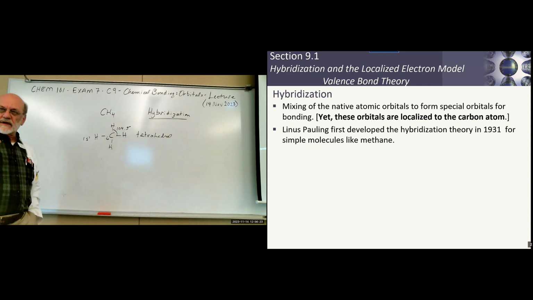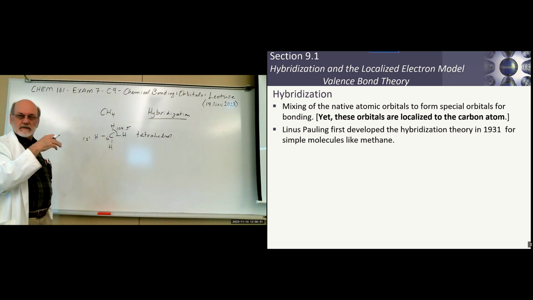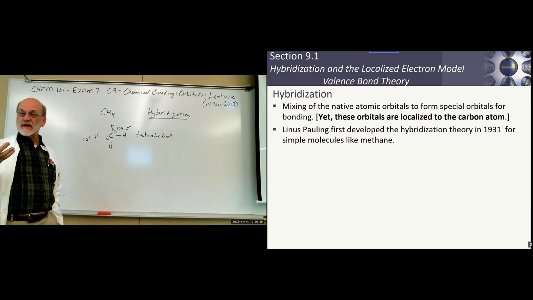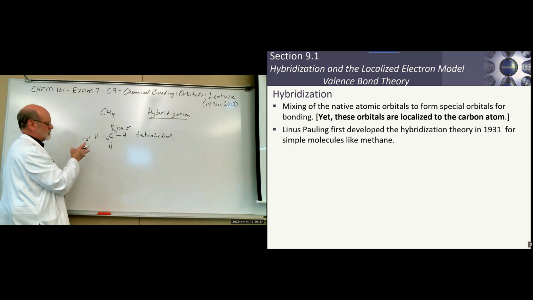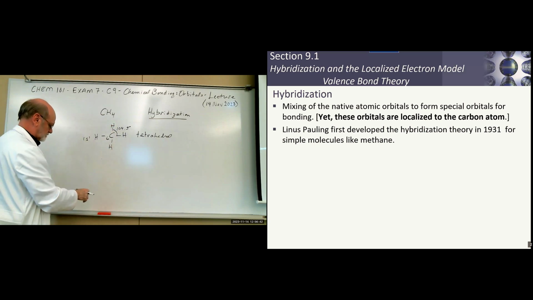It still works within the valence bond theory and the localized electron model, using atomic orbitals to produce a new set of orbitals that will produce the results that we want.